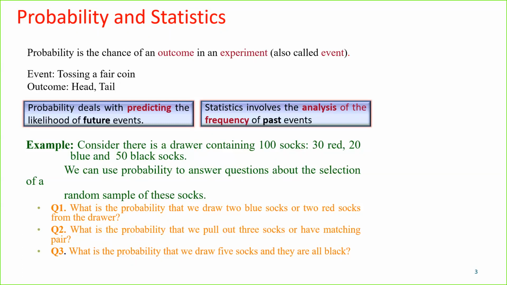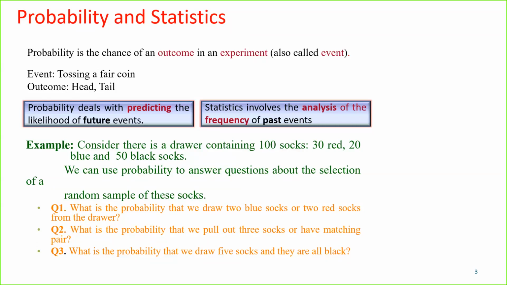What is the probability that we will pick this red color card? Okay, so you're dealing with the likelihood of future events. Whereas in case of statistics, it involves the analysis of the frequency of past events. Analysis of the frequency of past events. Like what are the COVID statistics in the last month?